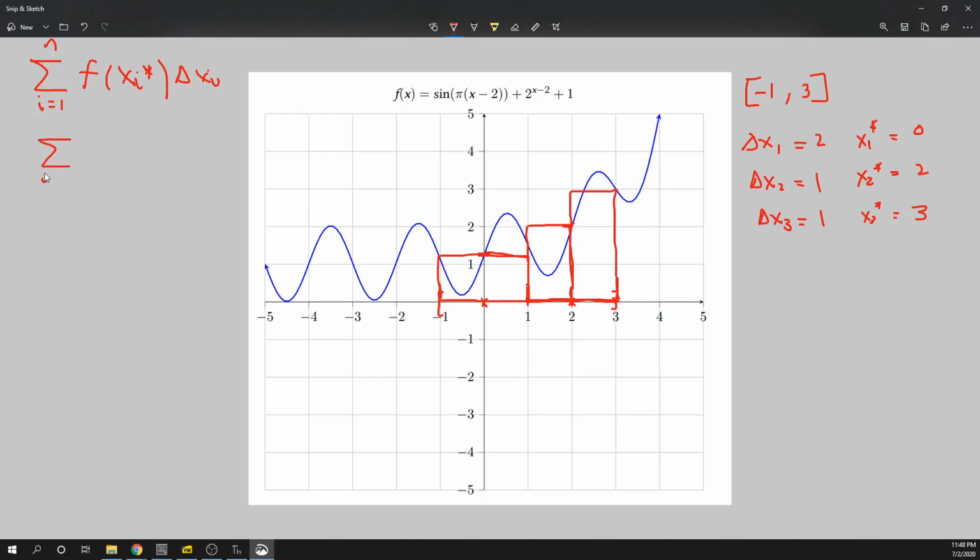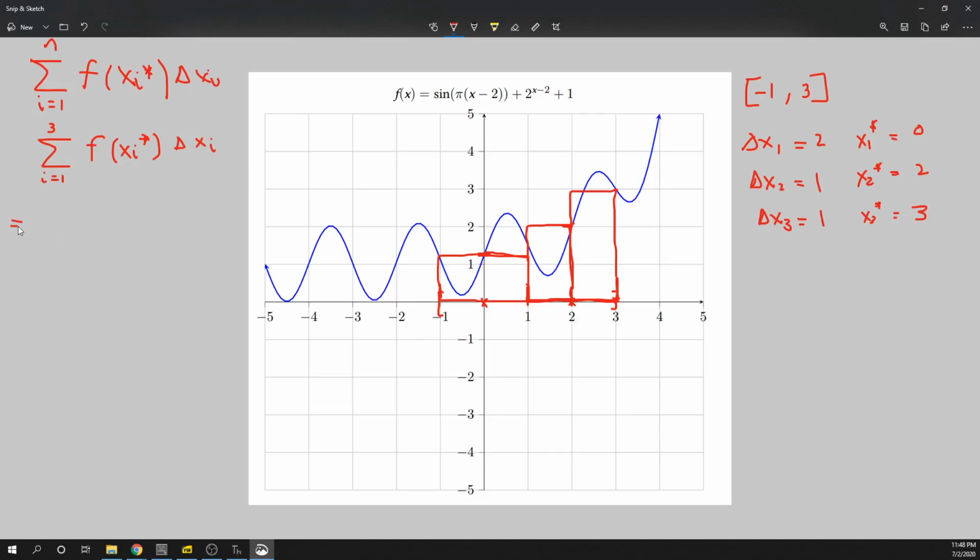We know that in this case, because they give us 3 widths and 3 points, n is 3, because that's the number of rectangles that we'll wind up with. Try and write this a little neater. All right, so we're going from 1 to 3.